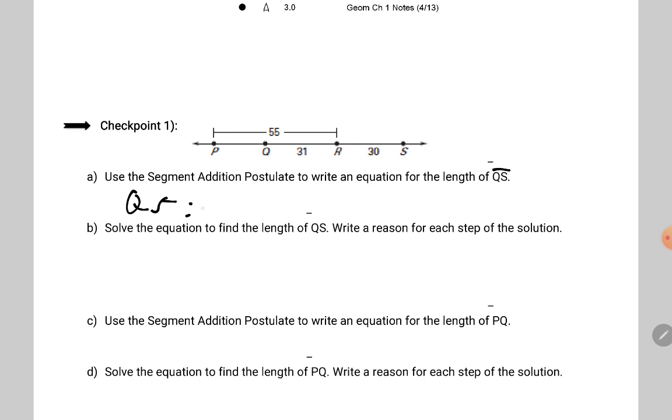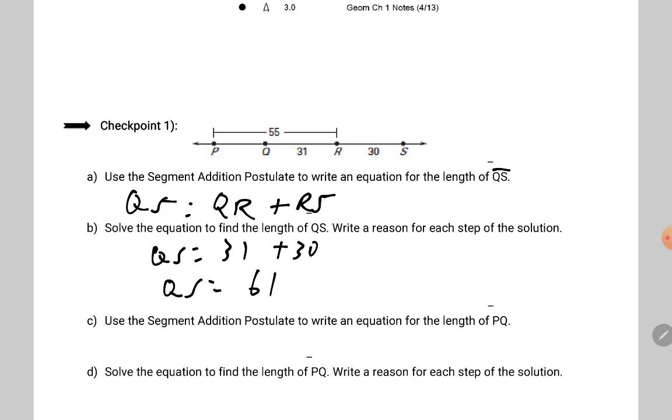Length QS equals QR plus RS. Solve the equation to find the length of QS. So QS equals 31 plus 30. So QS is 61.